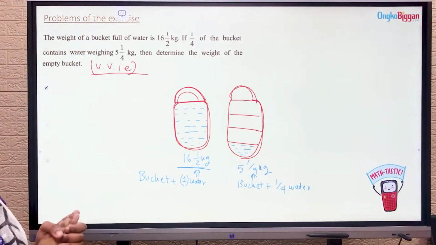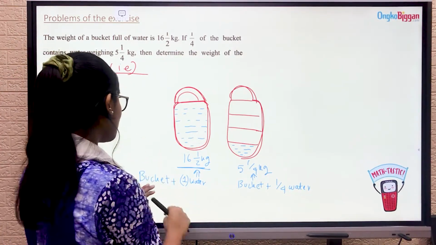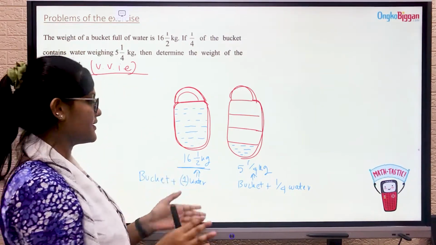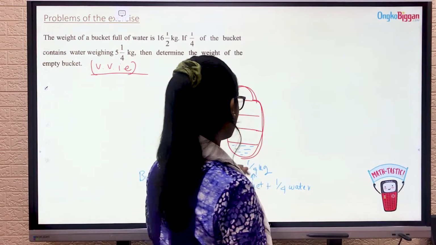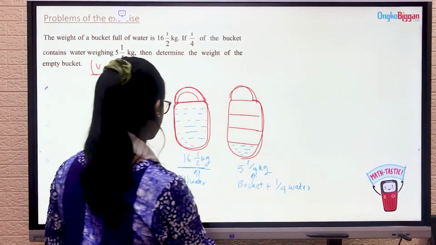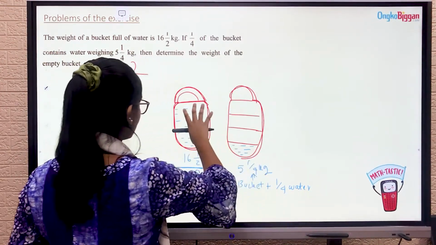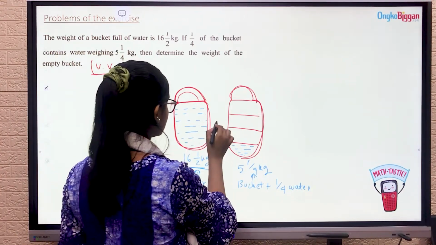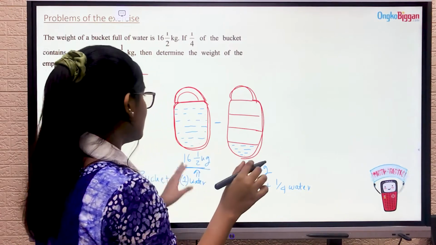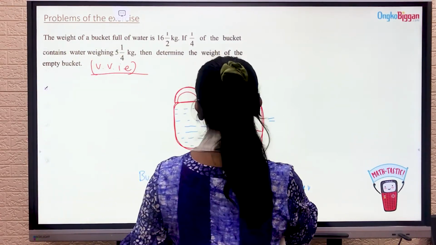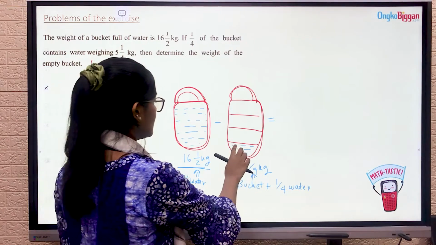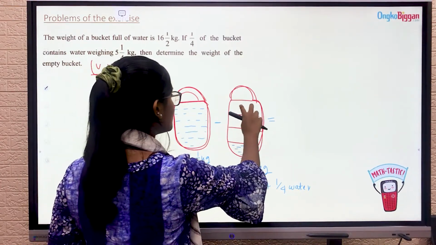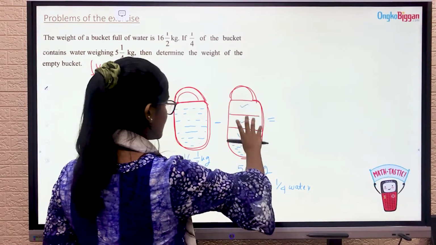So let's think, if we subtract the bucket plus this amount of water, that means the whole water, minus this amount, what will we get? The water will be subtracted from this, so we will get the amount of water equal to this section.